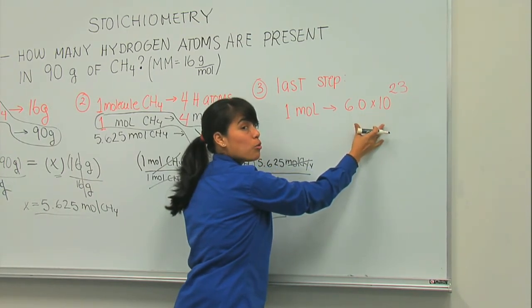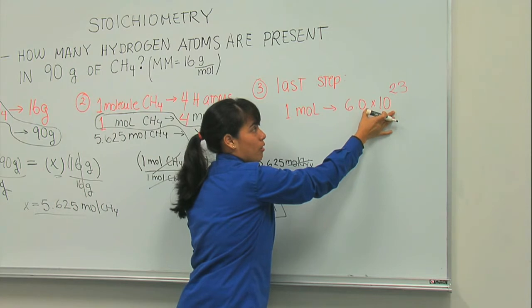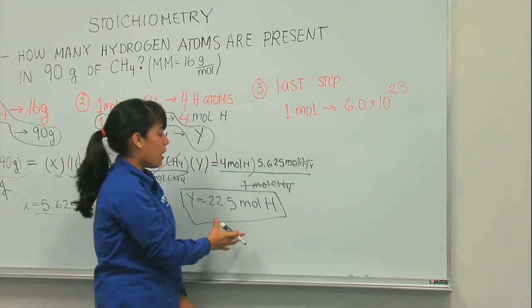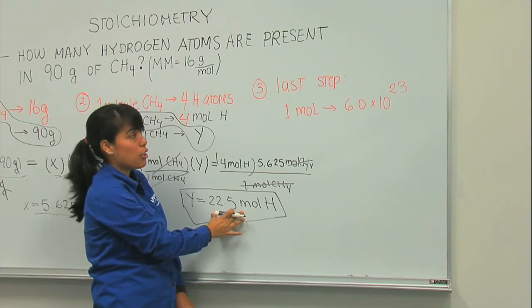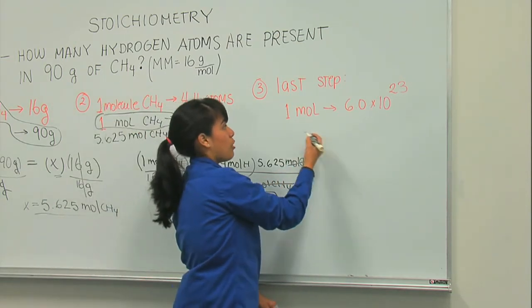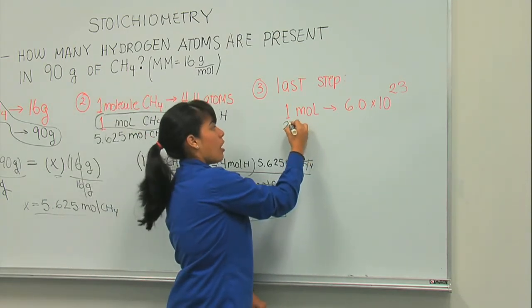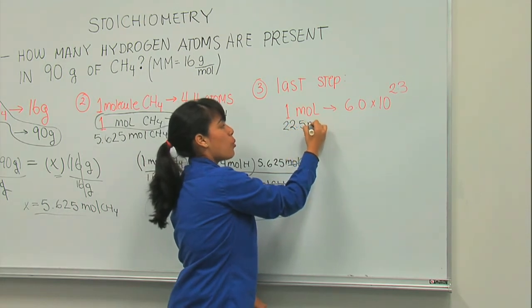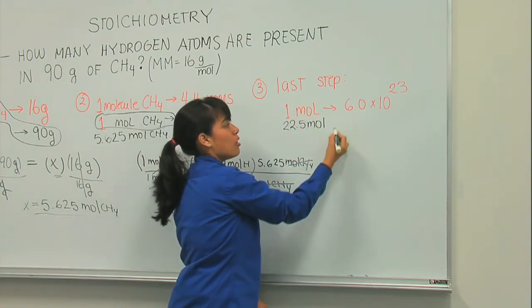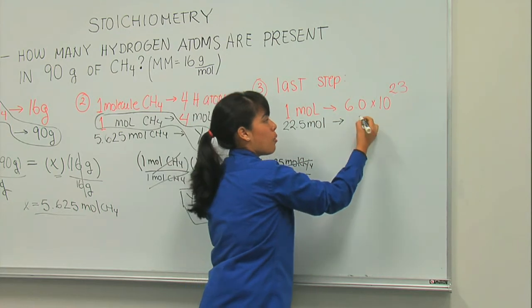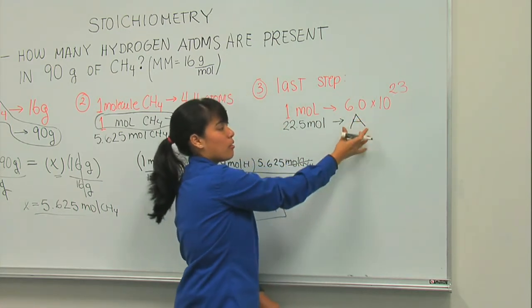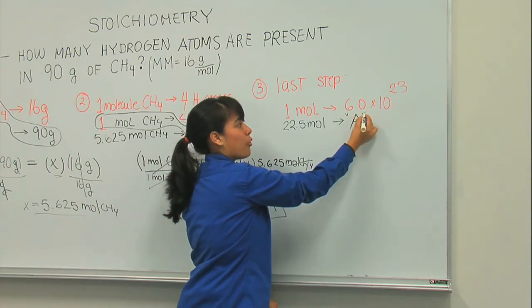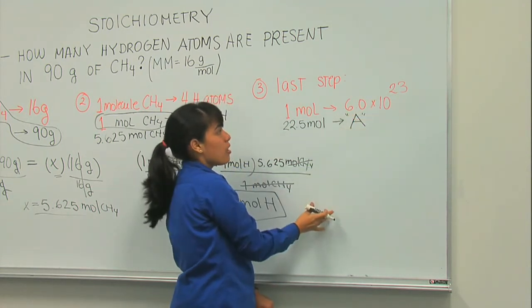For this time, I'm going to disregard the second decimal, which is a 2, and I'm going to put the variable that I found here, which is 22.5 moles of hydrogen. So I have 22.5 mole of hydrogen, and I don't know how much is that. This will be A for answer, what I'm looking at.